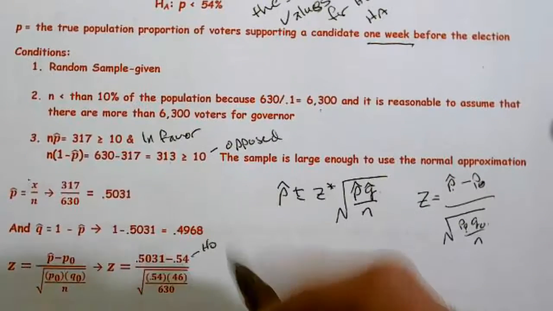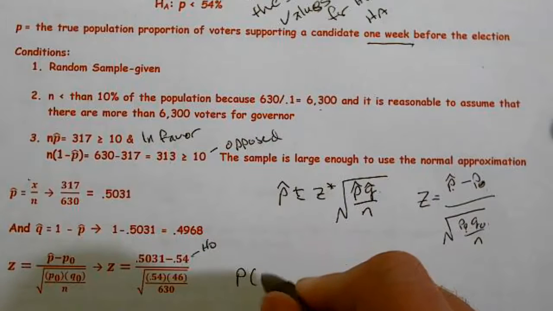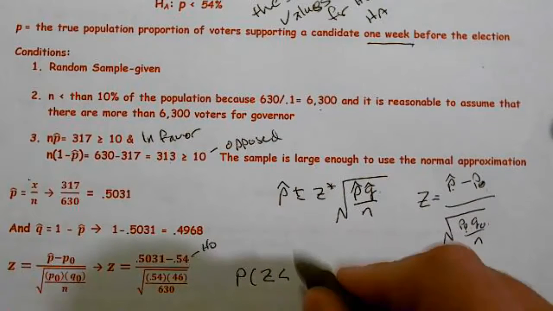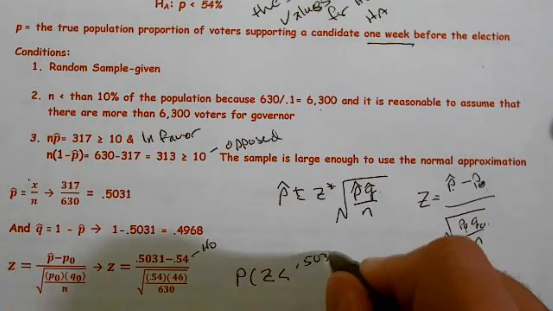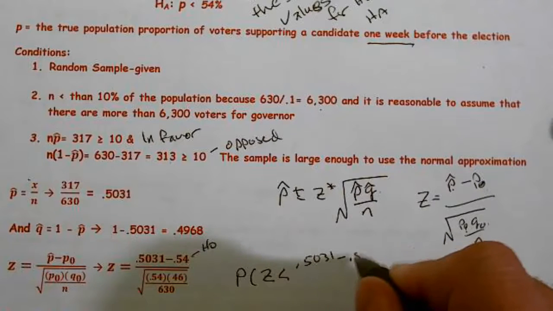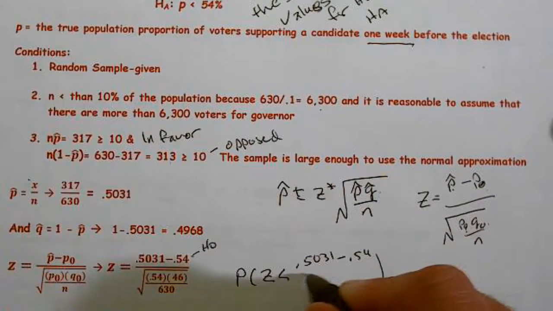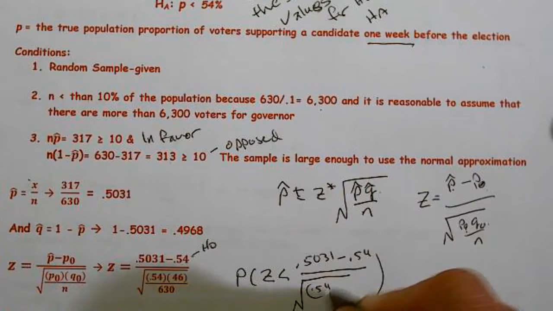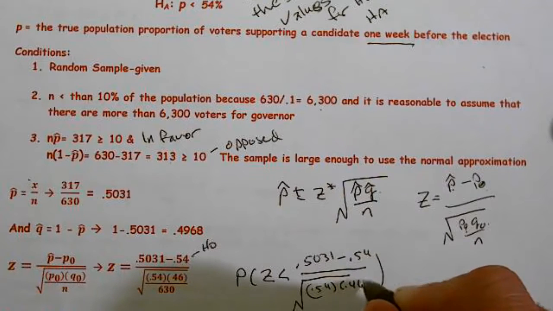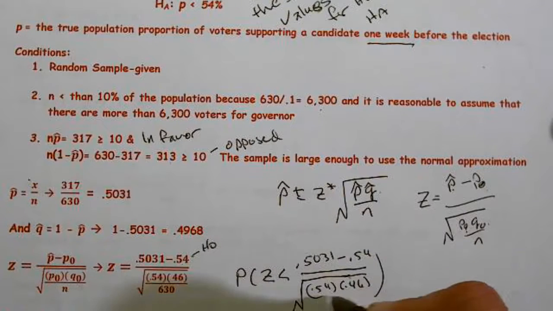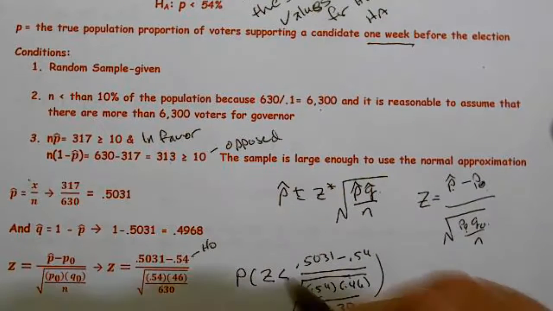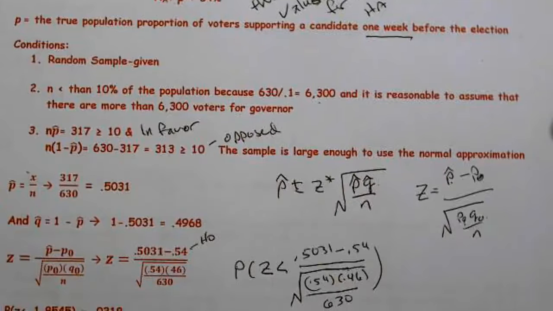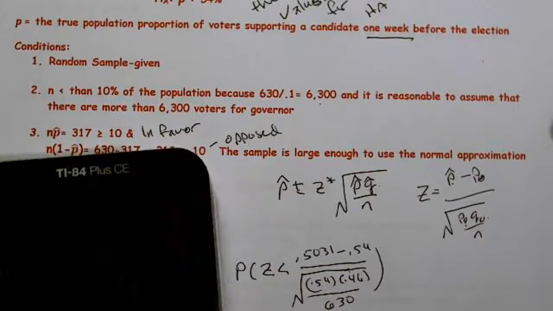I probably should have written the probability that Z is less than 0.5031 minus 0.54 all over the square root of 0.54 times 0.46 over the 630, because this was what was assigned for my alternative.